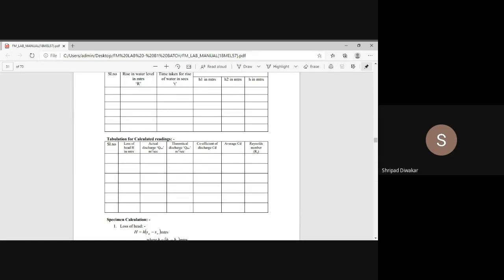I'll give the readings, and all of you can take them. For this one set of readings, do the calculation and tell me the answer you are getting.